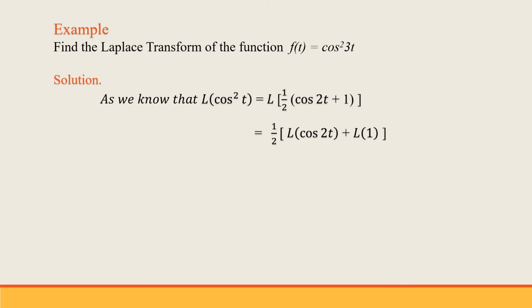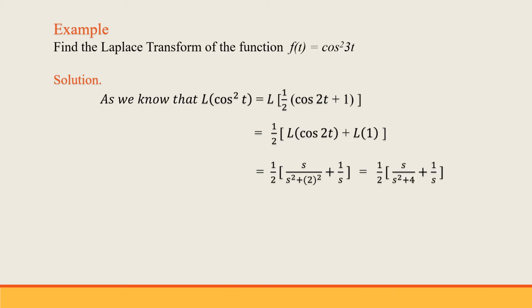To find the Laplace transform of cos square t, we can write cos square t as 1/2 into (cos 2t plus 1) and easily find the Laplace transform of cos 2t and 1. So we get the Laplace transform of cos square t as 1/2 into (s by s square plus 4 plus 1 by s).